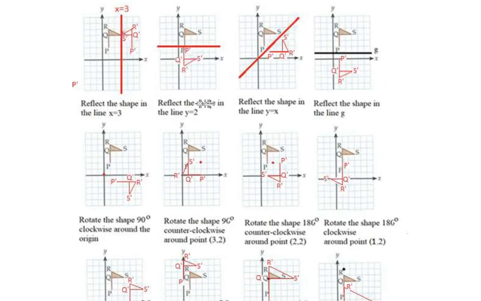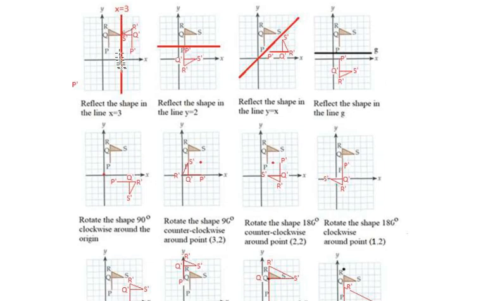Okay, so let's move on to the next one here, y equals 2. Notice that this bold red line that I've drawn in here has a y value of 2, crosses the y-axis at 2. In fact, everything on this bold red line is 2 spaces up, has a y value of 2. So that's why we call it y equals 2. When you say y equals a value, it will give you a horizontal line.